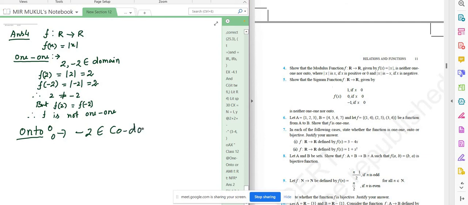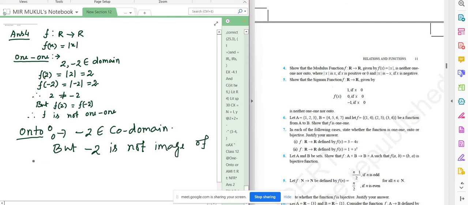Any other example you can also take, but minus 2 is not the image of any element of the domain.